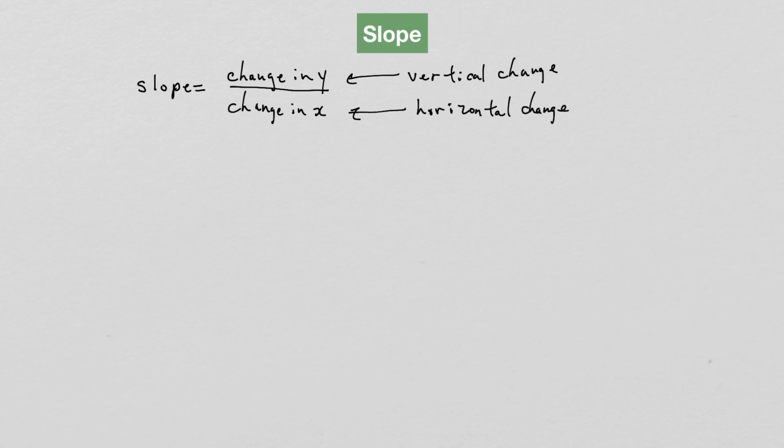So here's an example. Let's suppose we have a graph that looks like this. Actually, let's change this a little bit.